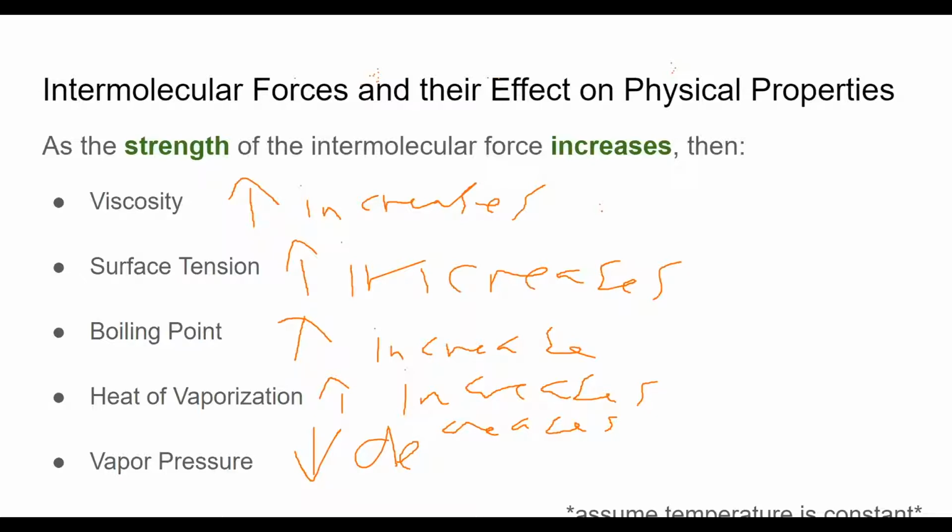No. Vapor pressure is basically how likely you are to be a gas. The higher your vapor pressure is, the more likely you will be a gas at any certain state. If you have a low vapor pressure, it means you are less likely to evaporate into a gas, for example.